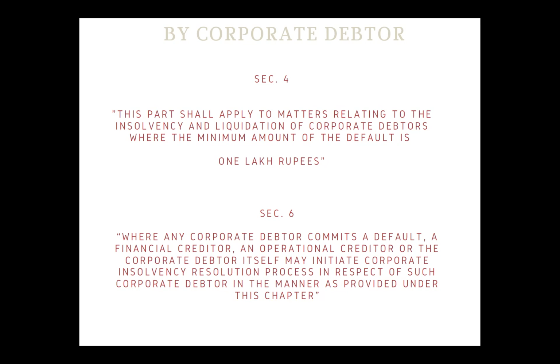If you look at section 6 of the code, it clearly states that where there is any default committed, a financial creditor, an operational creditor, or a corporate debtor itself may initiate CIRP in respect of such corporate debtor. So to quickly summarize stage 1, what happens in case of occurrence of default?